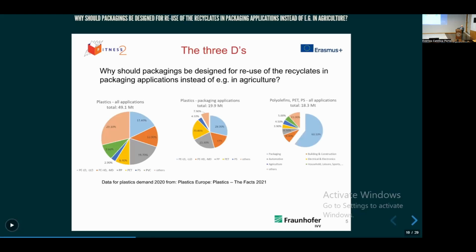And it's more than 90% that is composed from these plastics. So if you right now try to recycle them, you will recognize that those plastics are used in 60% of the cases again for packaging.